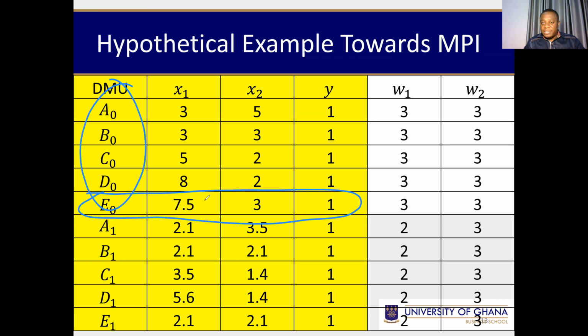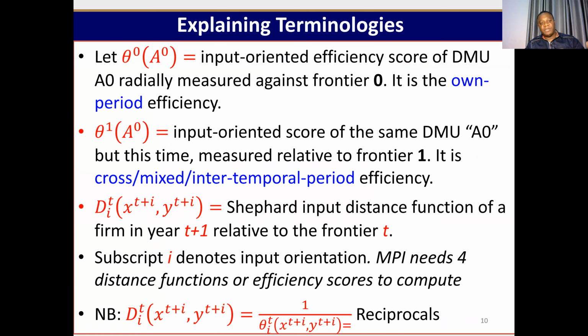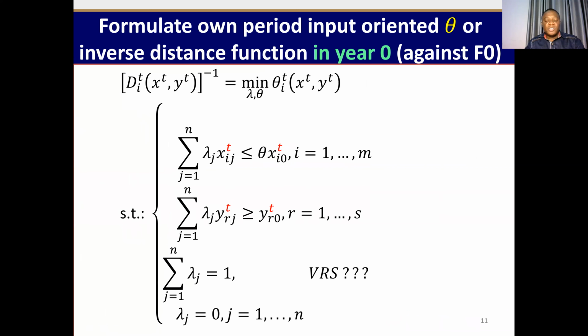So how do you do that? Well, it's very simple, because what you want to do is just remember the general formulation. This is the general formulation here. It means that you are going to write the distance function. At this stage we ignore the d.